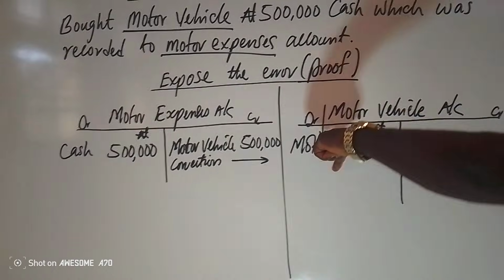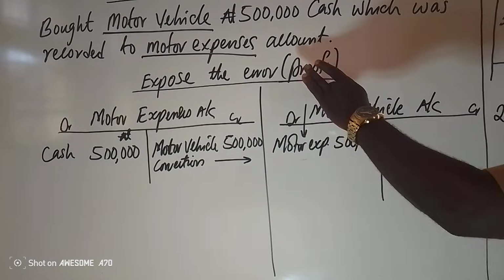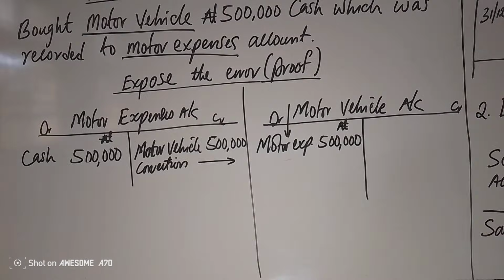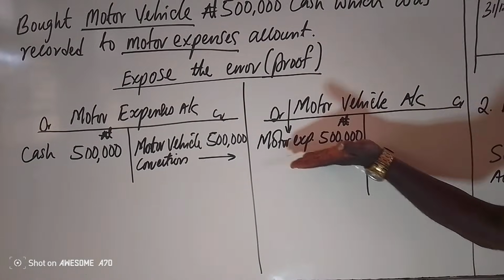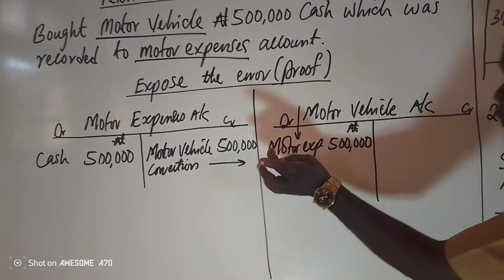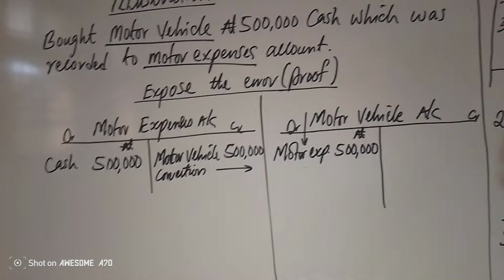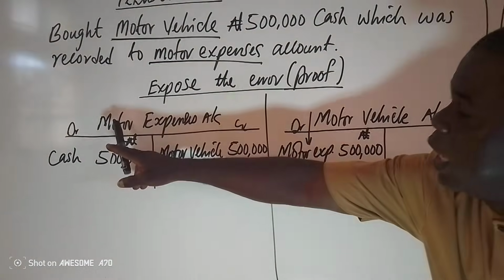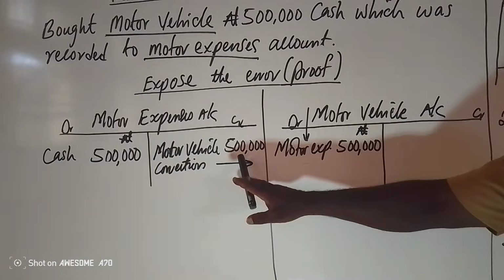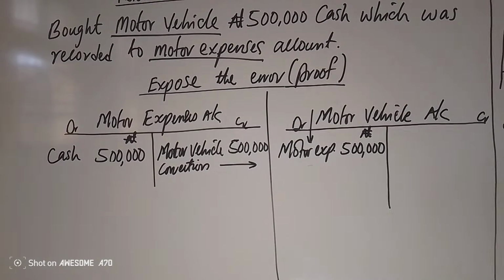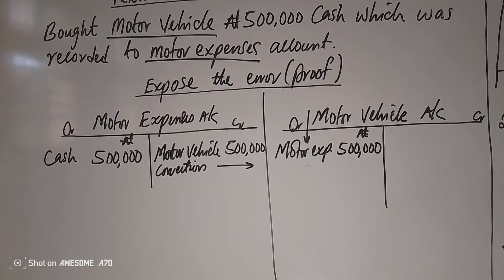That's what the arrow is showing you: motor vehicle, which was not recorded, is now recorded with 500,000 as coming from motor expenses account. So in correcting this error, motor expenses will be credited by way of removal, while motor vehicle account will be debited by way of putting the amount where it's supposed to be.